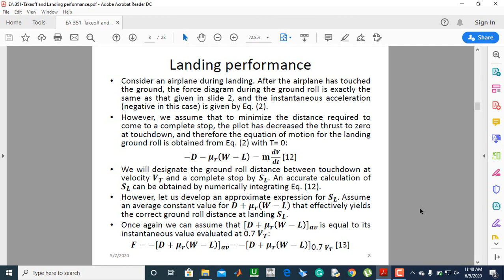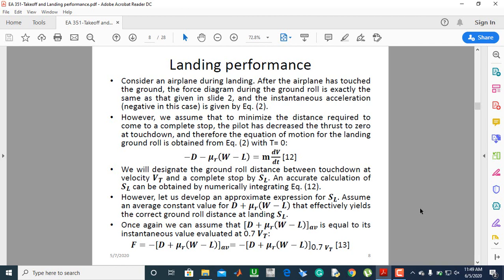Right, now if we consider landing performance, when the plane is about to land, what you are interested in is you need to decrease speed.